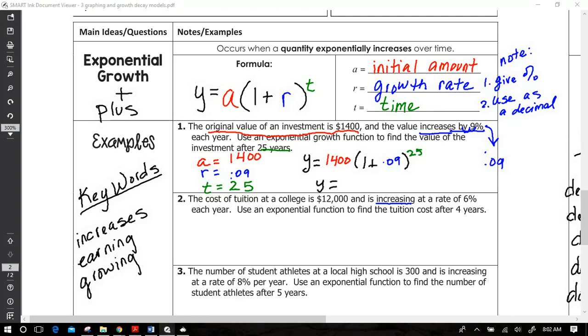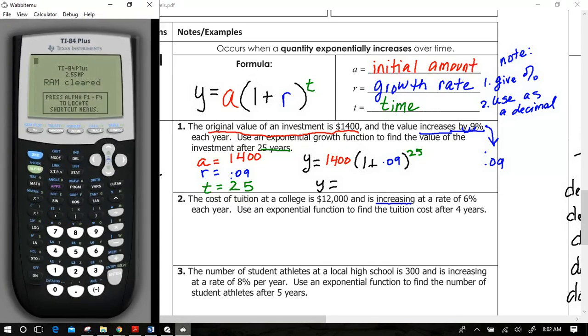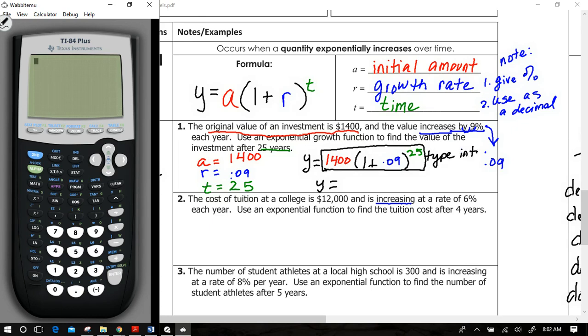So now here's what I'm going to do to solve this problem. I'm going to pull up my graphing calculator and I am going to turn it on, and then I am simply going to type all of this exactly how I see it into my calculator. So type this into the calculator. And so I have 1,400 parenthesis 1 plus 0.09 close parenthesis caret 25.